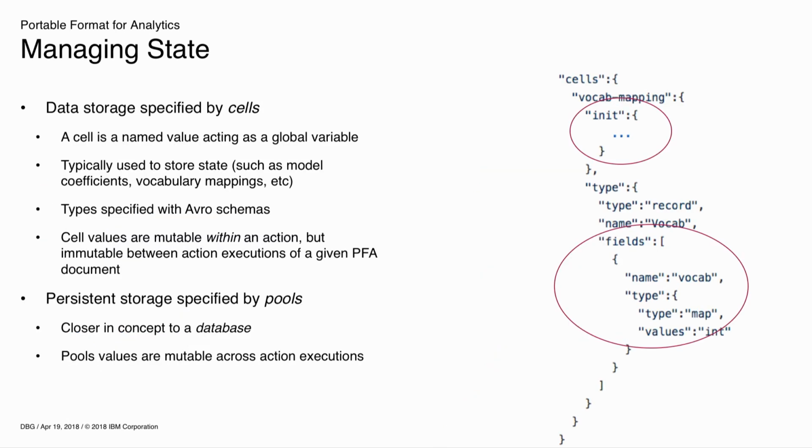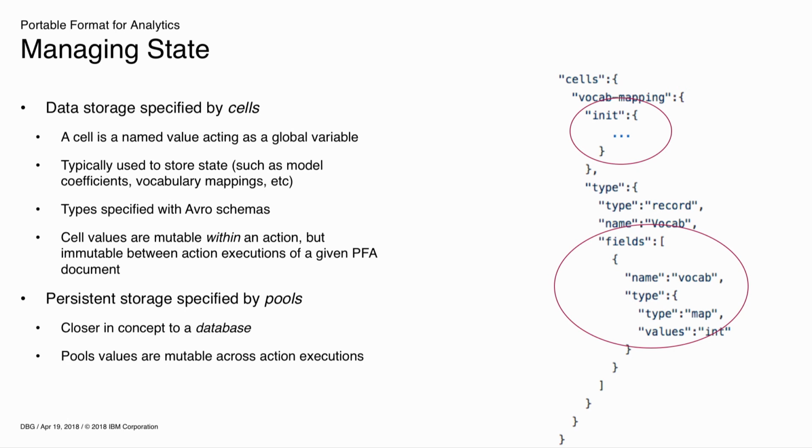So I mentioned that cell reference. One of the arguments to the linear regression function is a cell. A cell in PFA is a way of managing state. It's effectively a global variable. With each invocation of that PFA document, which is the calling of that action function, the cell state is immutable, set to whatever it was at the beginning.